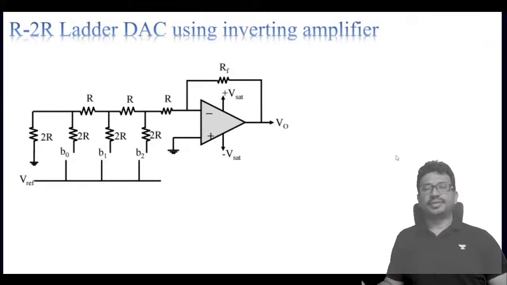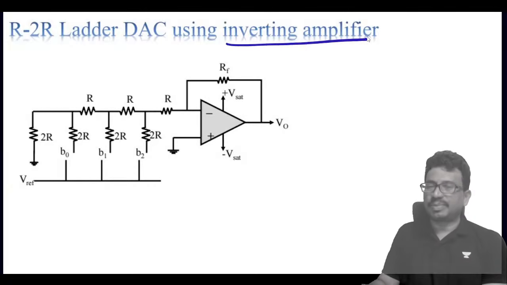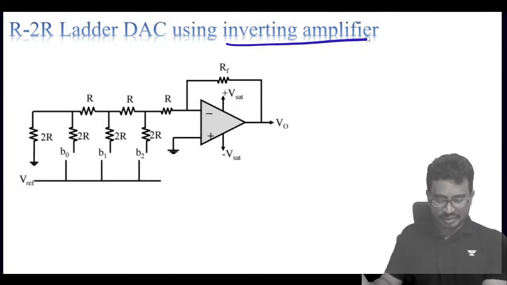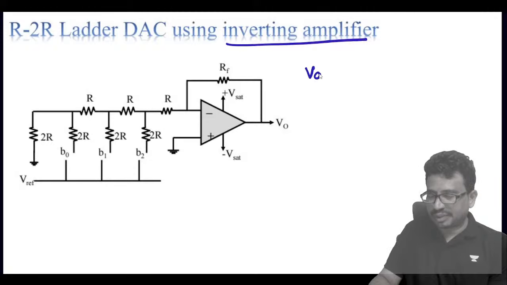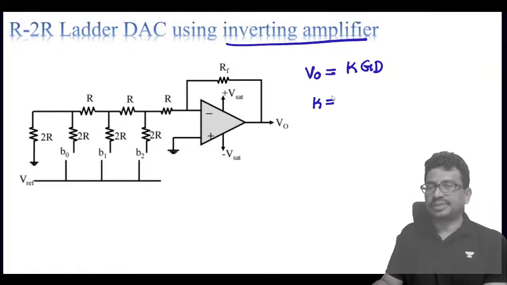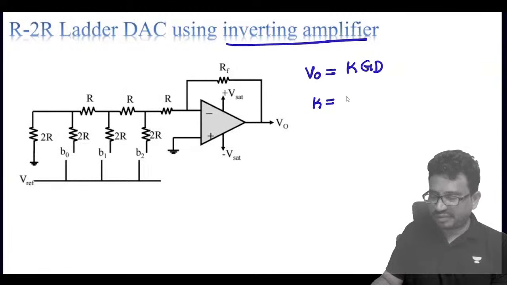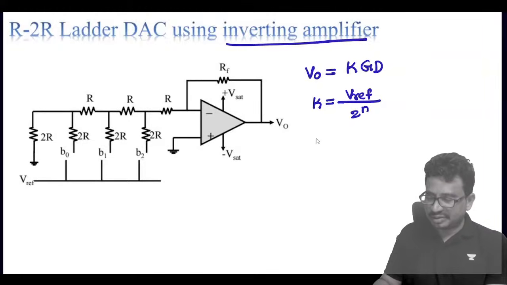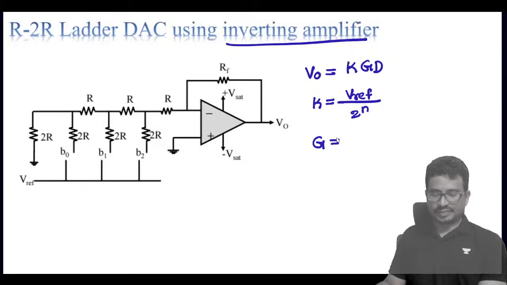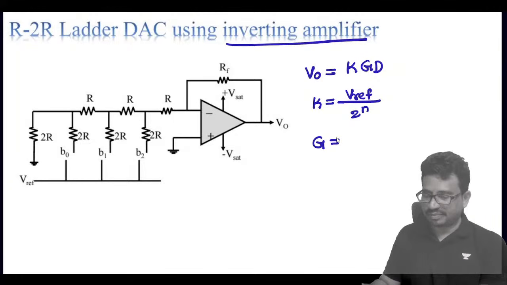Next, in this case, what amplifier is this? Inverting amplifier. So for the inverting amplifier also, the output voltage V naught is equal to K G D. What is K? V reference by 2 power n, and G is the gain. What is the gain? Gain is output voltage by input voltage.